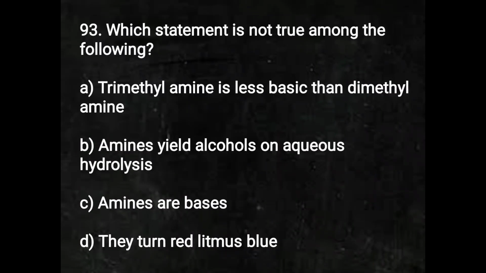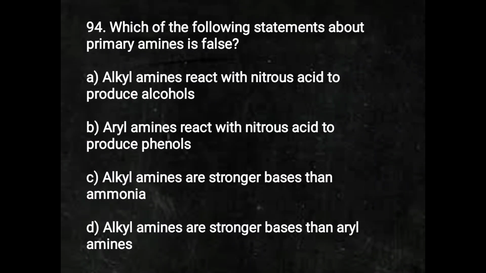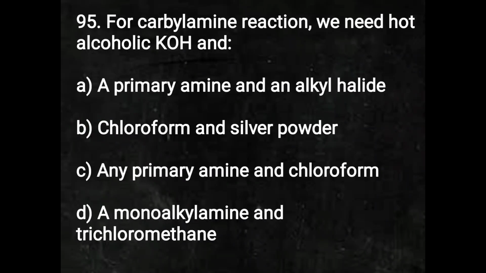Which statement is not true among the following? Option B, that is amine yield alcohol on aqueous hydrolysis. Which of the following statement about primary amine is false? Option B is the right option.